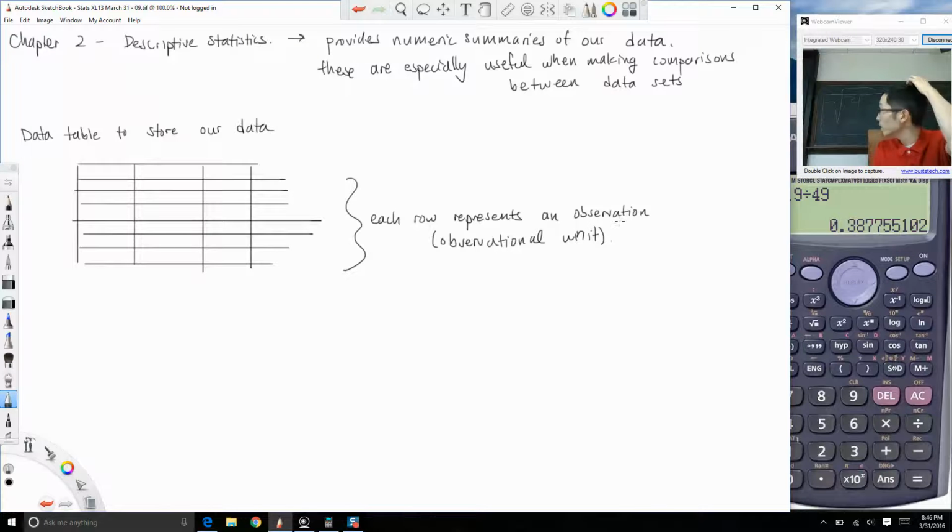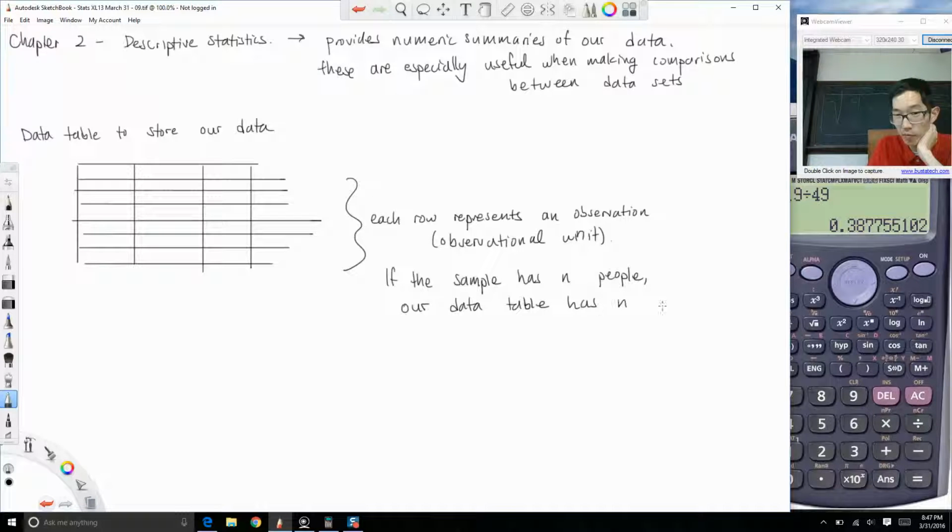And so you have one for every person. If the sample has n people, our data table has n rows. We will often say n is equal to our sample size.